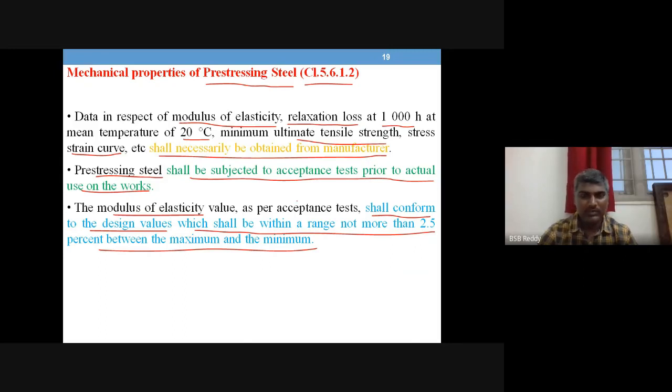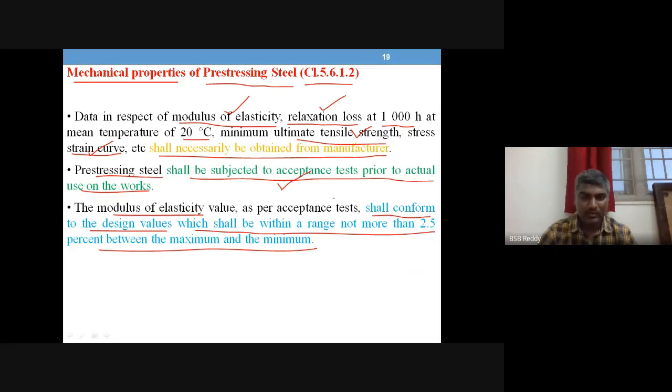For all those cases, all the mechanical properties, modulus of elasticity, relaxation loss, ultimate tensile strength, stress strain curve, etc., everything shall be obtained from the manufacturer, and once you obtain it from the manufacturer, it shall be cross-checked again by the acceptance test.